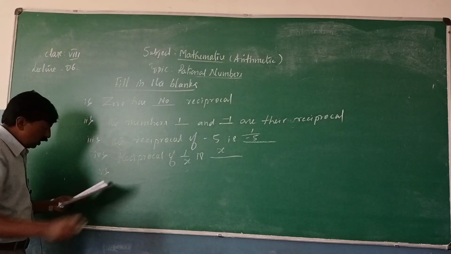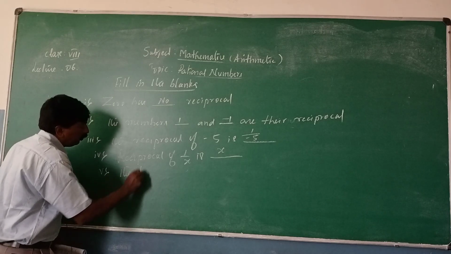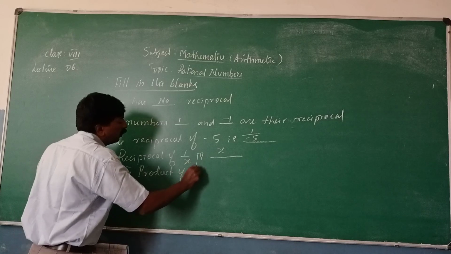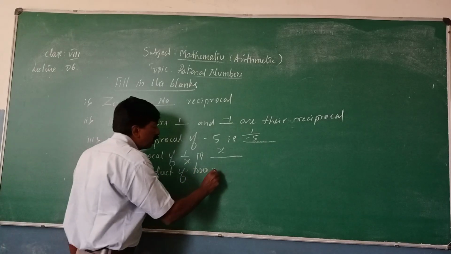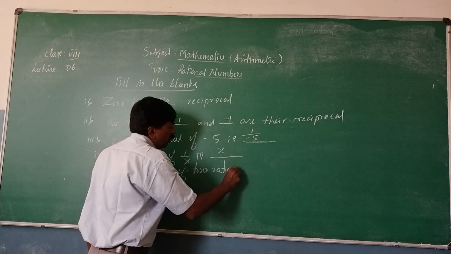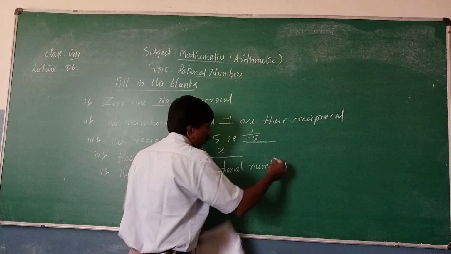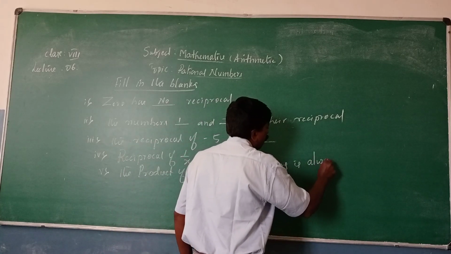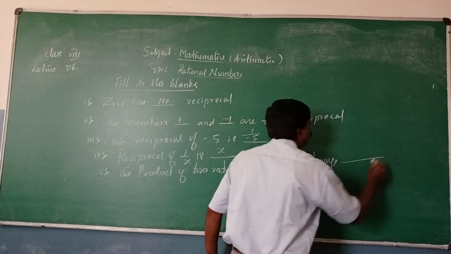Now the fifth question. The product of two rational numbers is always dash.